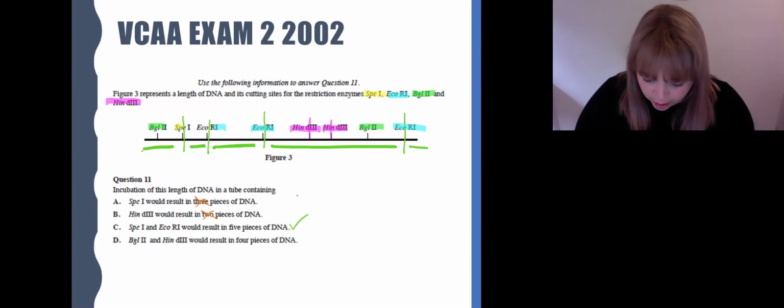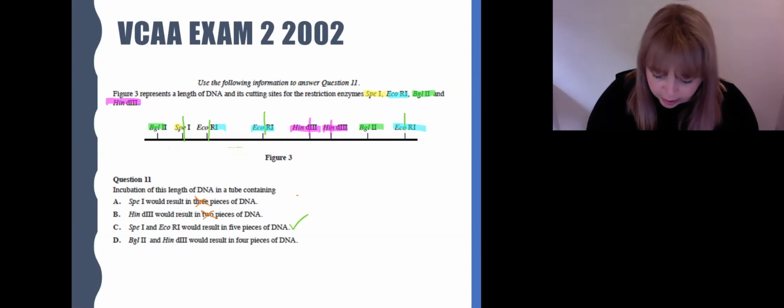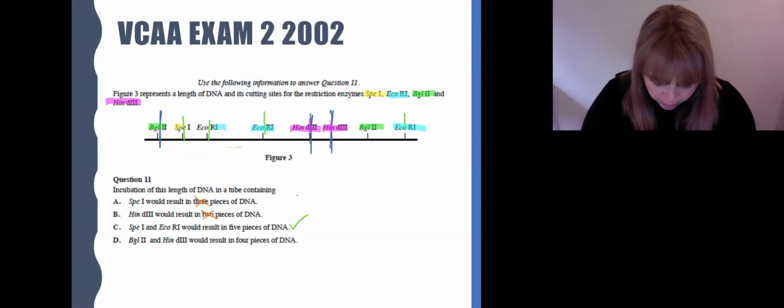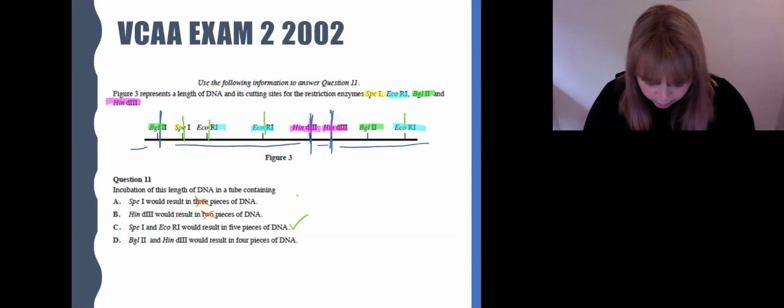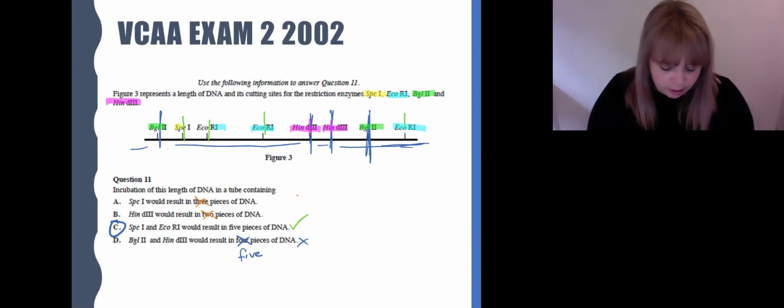Let's just check the last one. What would happen if I cut it at BGL2 and HIND3? 1, 2, 3, 4. Oh, hang on. There's another cut there. 5. So no, it's going to result in 5 pieces of DNA. So that one's wrong. So my answer is C.